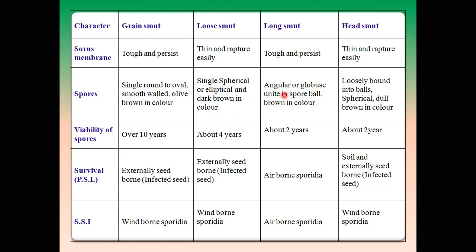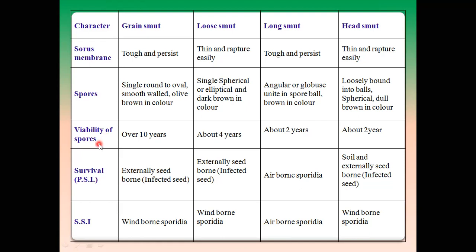Then in long smut, angular to globose spores, which generally unite in spore balls and are brown in color. In head smut, the spores are loosely bound into balls, always spherical and dull brown in color.